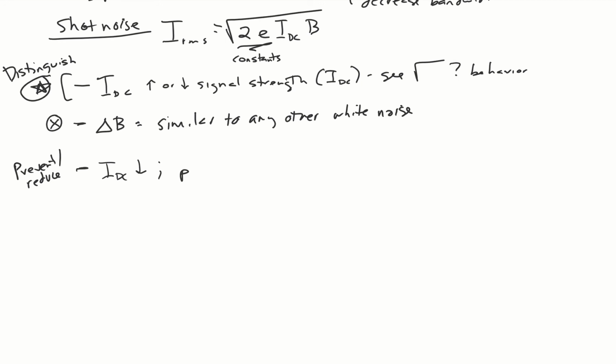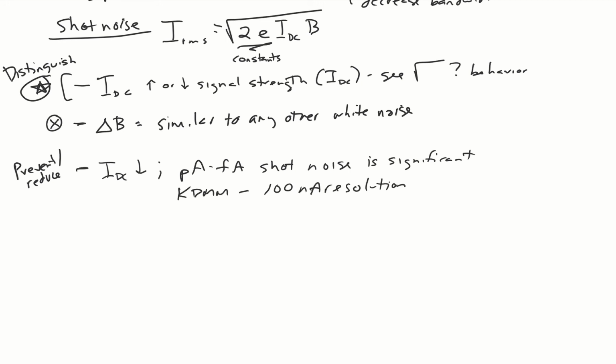If you're at picoamps to femtoamps, that's when shot noise is very significant. And you can see this show up with the KDMM. It has a 100 nanoamp resolution. So the best way to prevent or reduce the effects of shot noise is actually using our software approaches.